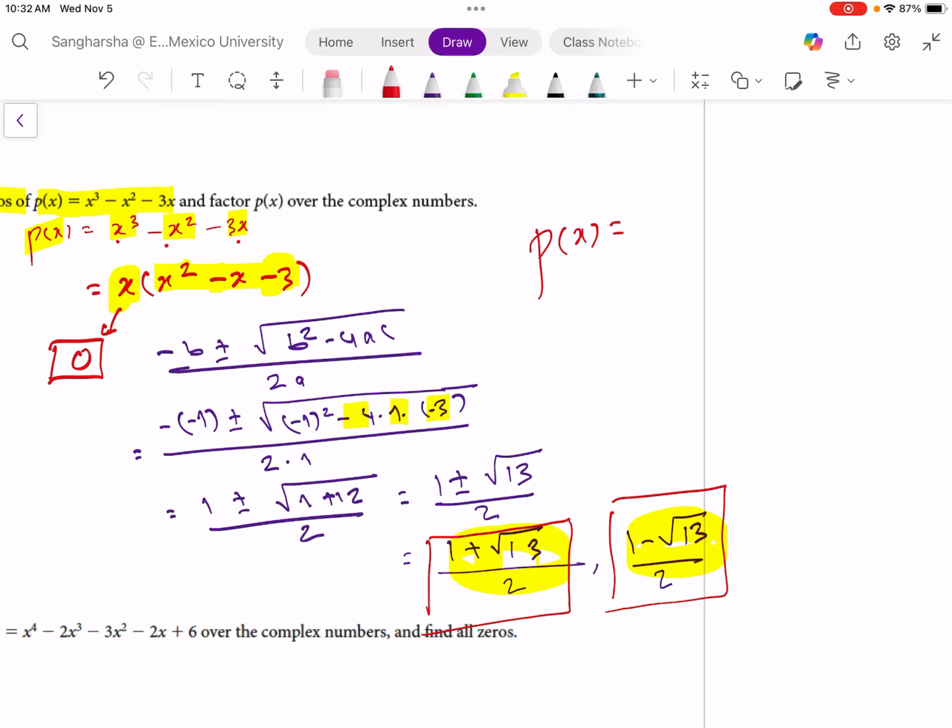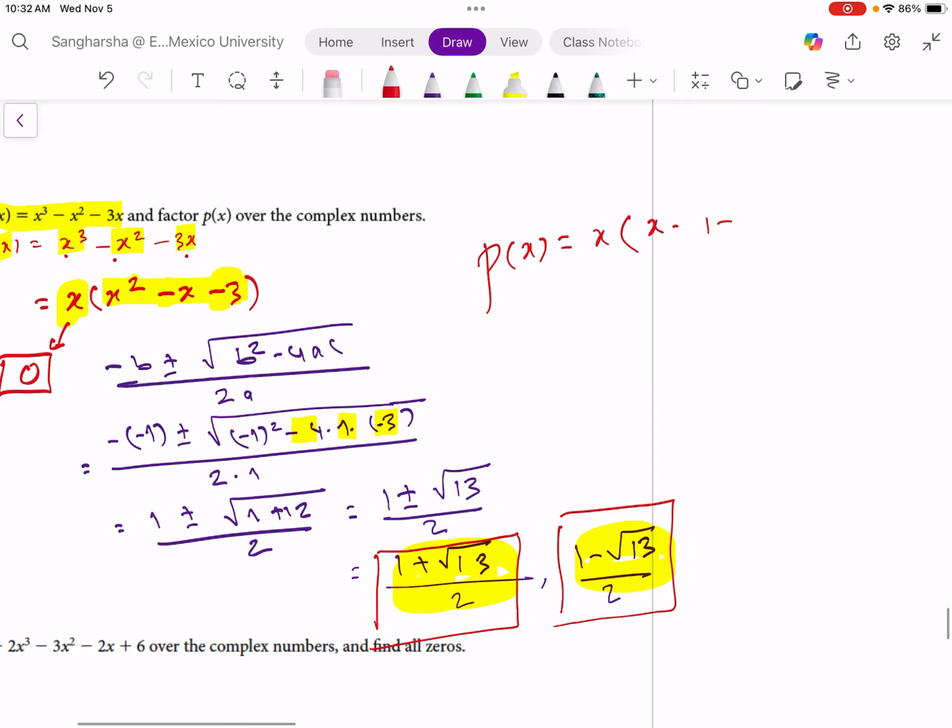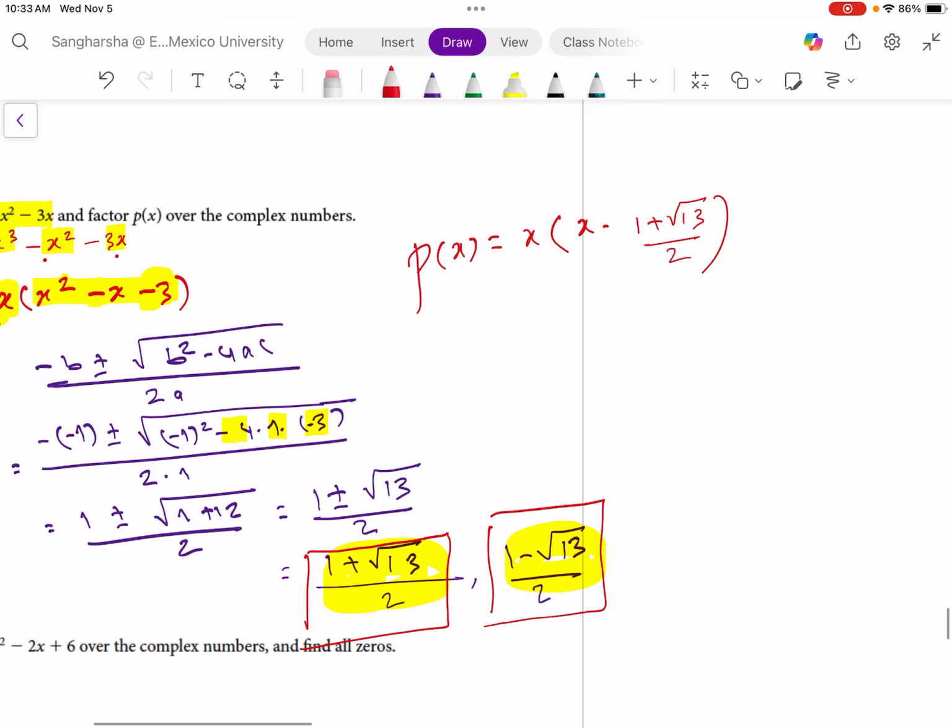So x is one factor. x minus 1 plus root 13 divided by 2 is the second factor. x minus 1 minus root 13 divided by 2 is the third. So these are the factors for our polynomial function, okay? So once you have the real zero, every time x minus that real zero is a factor.